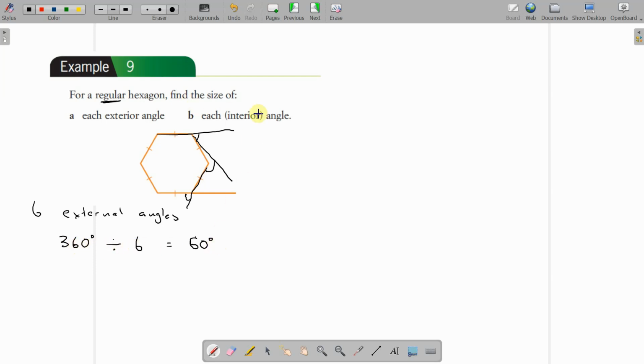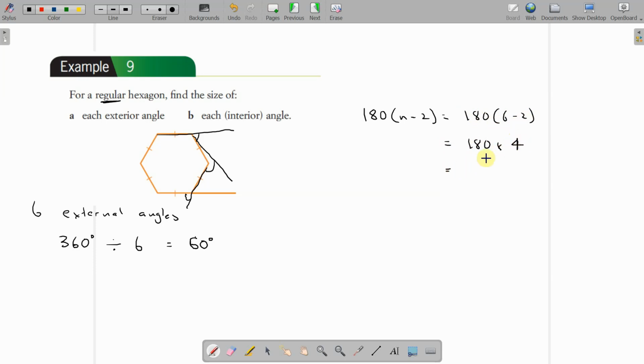That's 60. This one here, each interior angle, this is from the last section. So what you do is you go the sum of angles of this one, 6 sided, 180 times 6 minus 2, that's 180 times 4.